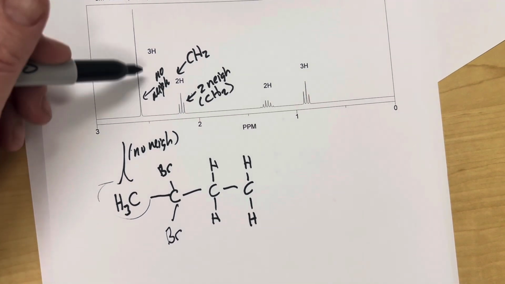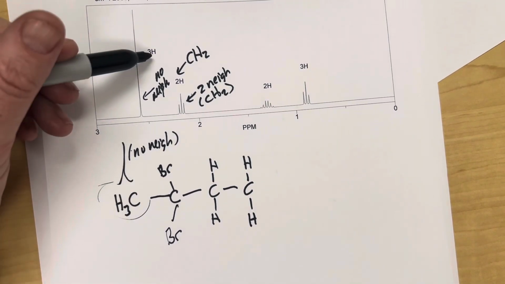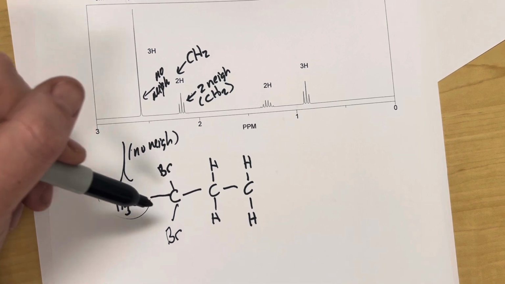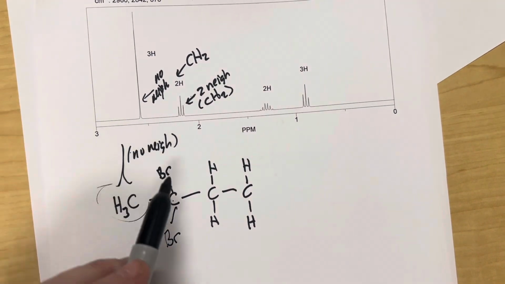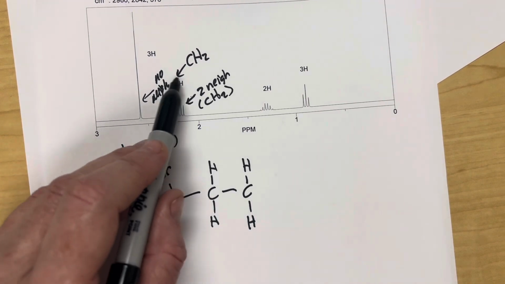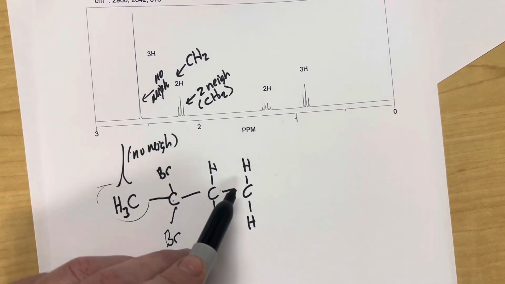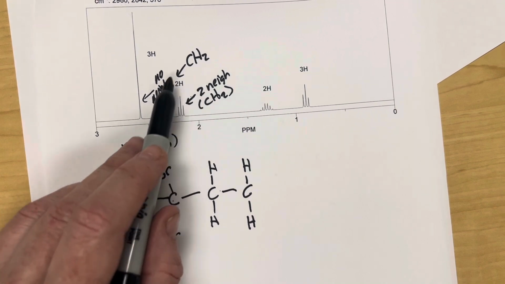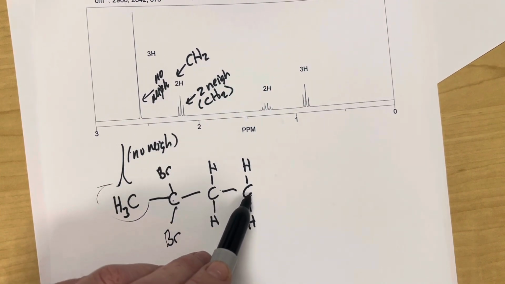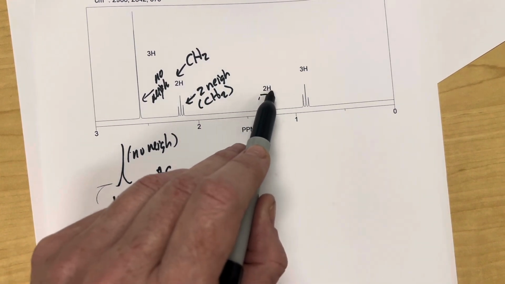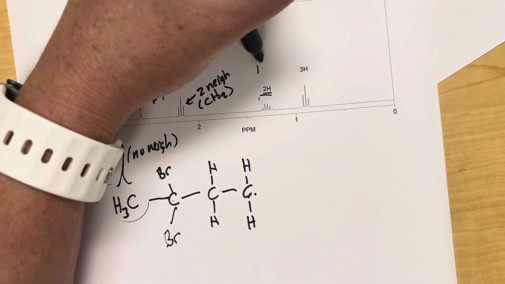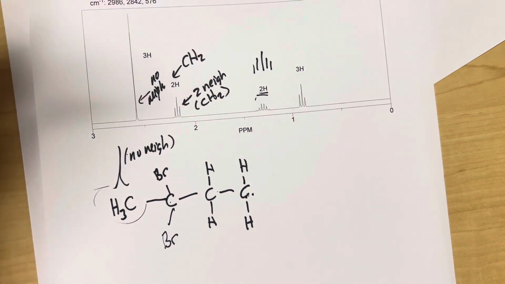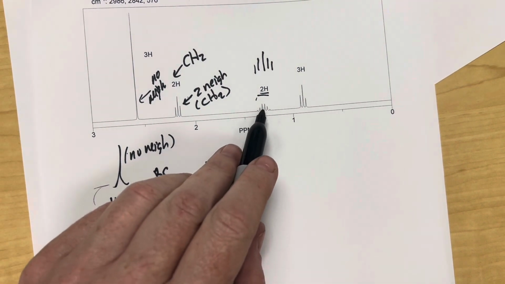So once again, we had the single peak telling us there was a methyl group with no neighbors. So I attached that to a carbon and I threw the 2 bromines on there. Then I know that's attached to a CH2, and that I have a CH2 next to another CH2. I can tell all that information from this right here. Now I'm on this CH2, which is probably this one. It's got a 6 peak: 1, 2, 3, 4, 5, 6.